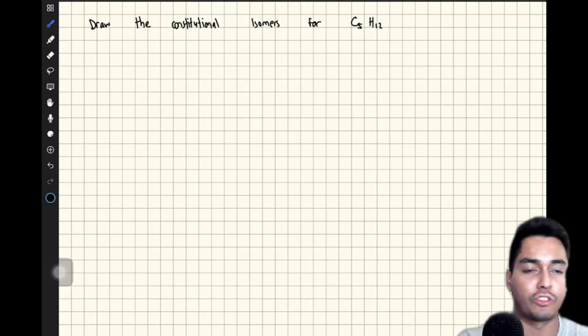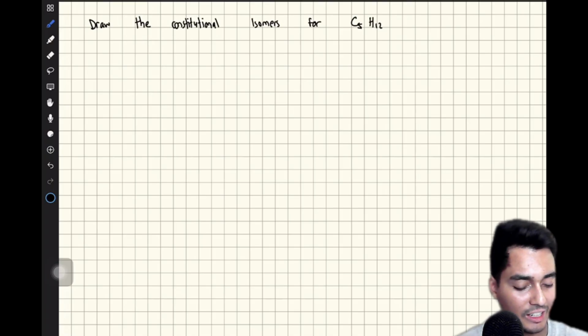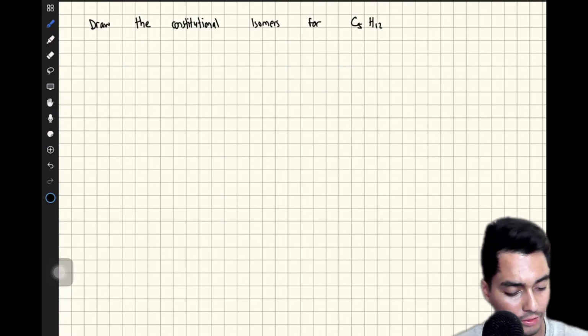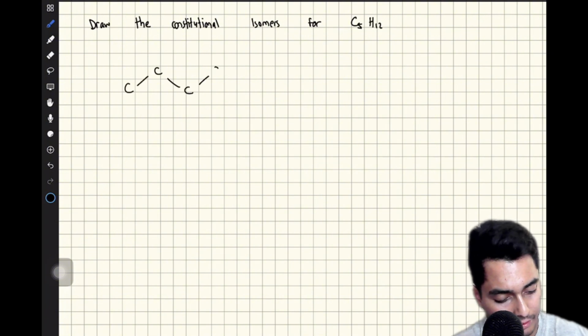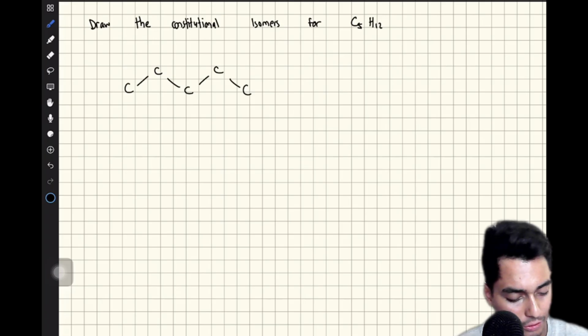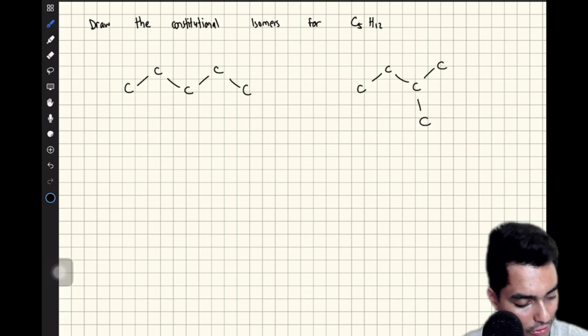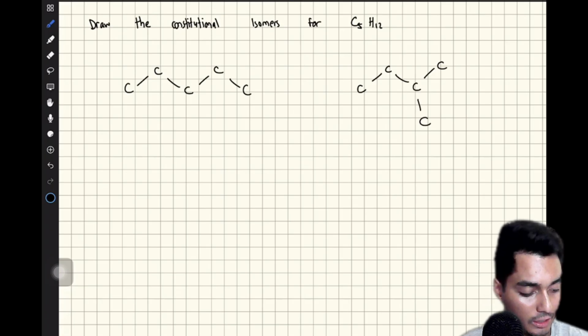Okay, next we're going to draw the constitutional isomers for C5H12. Okay, very good. And then so we're going to go ahead and do that sort of structure. Let's start with the linear formation of carbons. And I'm going to do one branch where I move one of the carbons onto this carbon like so, where we still have C5. Okay, and then I'm going to have one more.